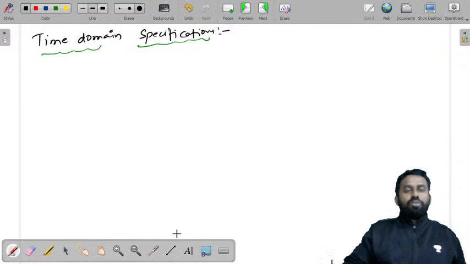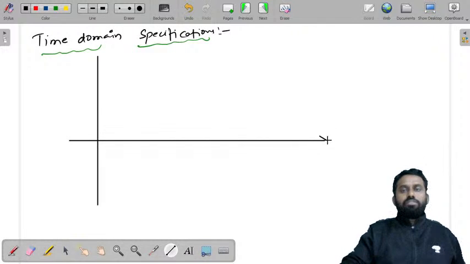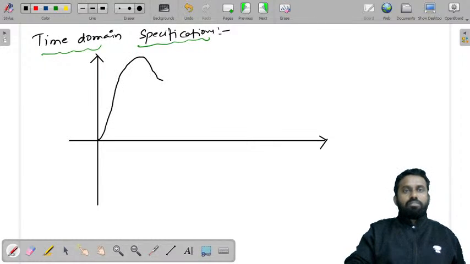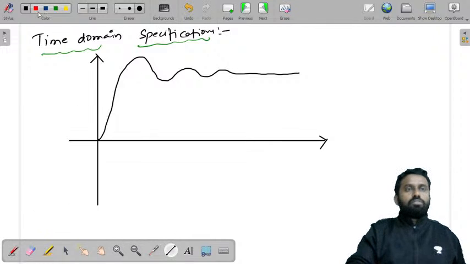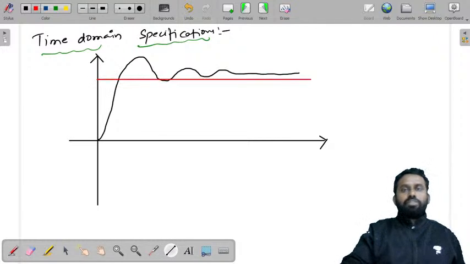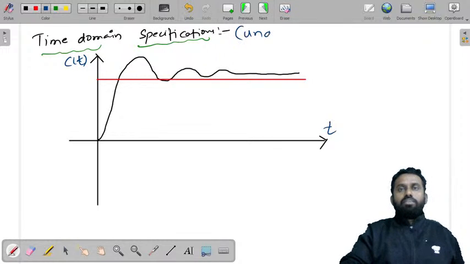So how do you get this? Let's try to draw that. Let's say this is the response and this is the unit step input. This is time and C of t for an under damped case.